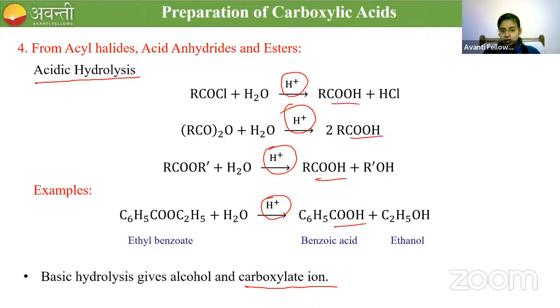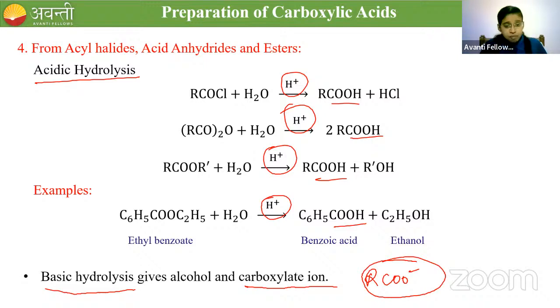But if you are using a base, instead of H plus, if you use OH minus, then you will get RCOO minus. So this is called carboxylate ion. So carboxylate ions are produced from basic hydrolysis. The remaining things are the same.